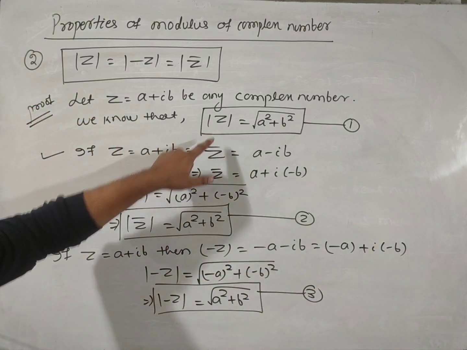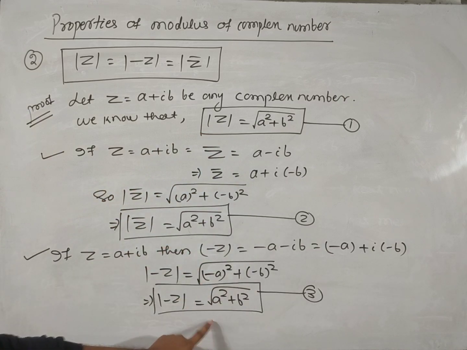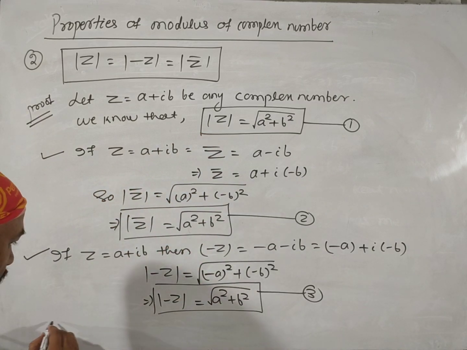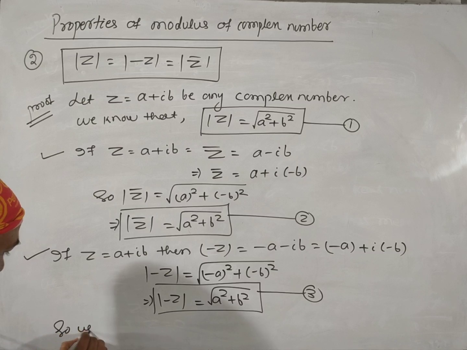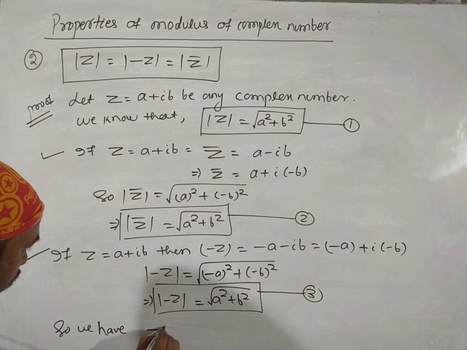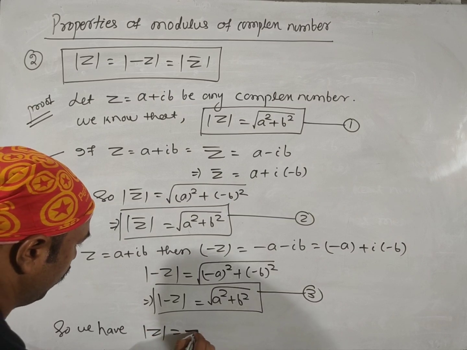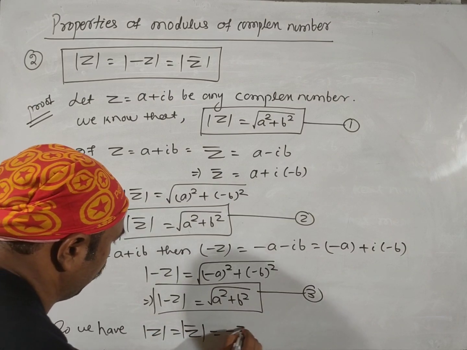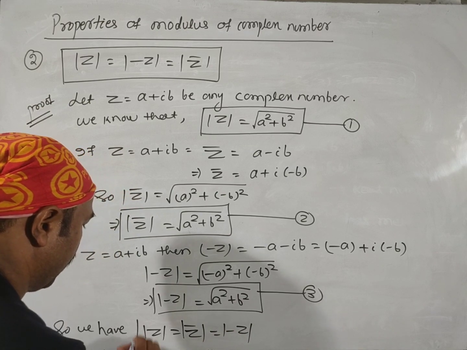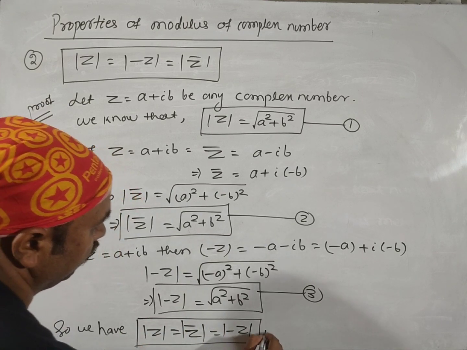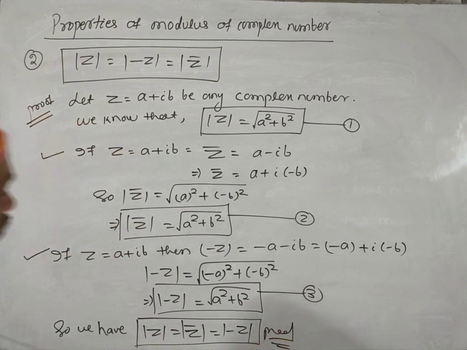So from equation 1, 2 and 3 we have, modulus of Z is equal to modulus of conjugate of Z is equal to modulus of minus Z, negative of Z. It is proved. And here it is all about the property number 2. Then let us go through the property number 3.